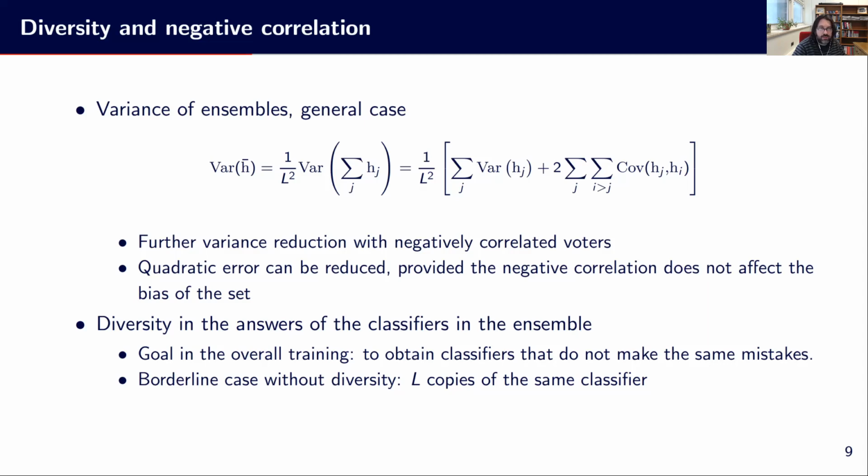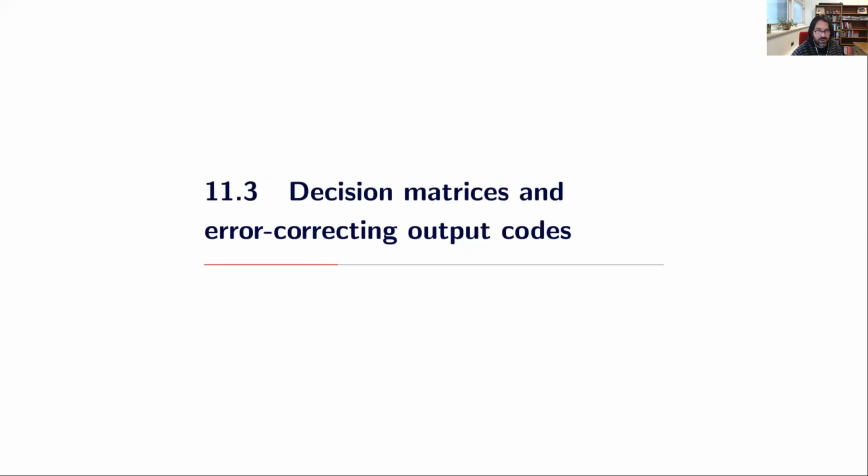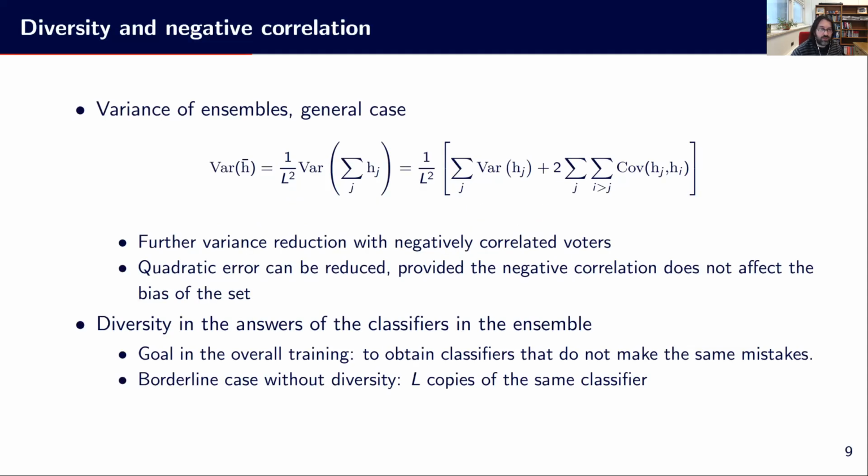This is worthless, because if this is a copy of the same classifier, all the decisions will be the same for all samples. We'll get all ones for a given sample, all zeros for the other samples, because these are the same model. So this is an example of extreme non-diversity. So we need to be sure that we get some kind of diversity in our ensemble to obtain good results.